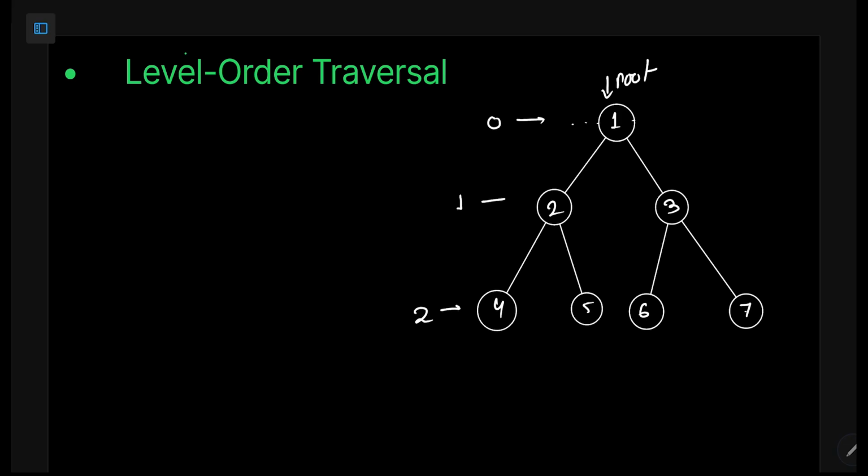At the first level, we will print 1, and then we will traverse 2 and 3, then traverse 4, 5, 6, and 7. So at each level we will traverse those nodes. So let's see how this level order traversal actually works.